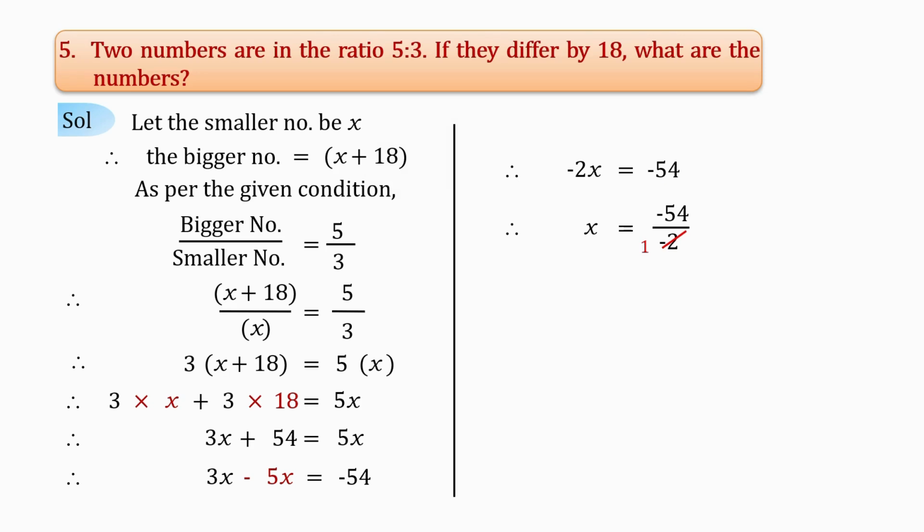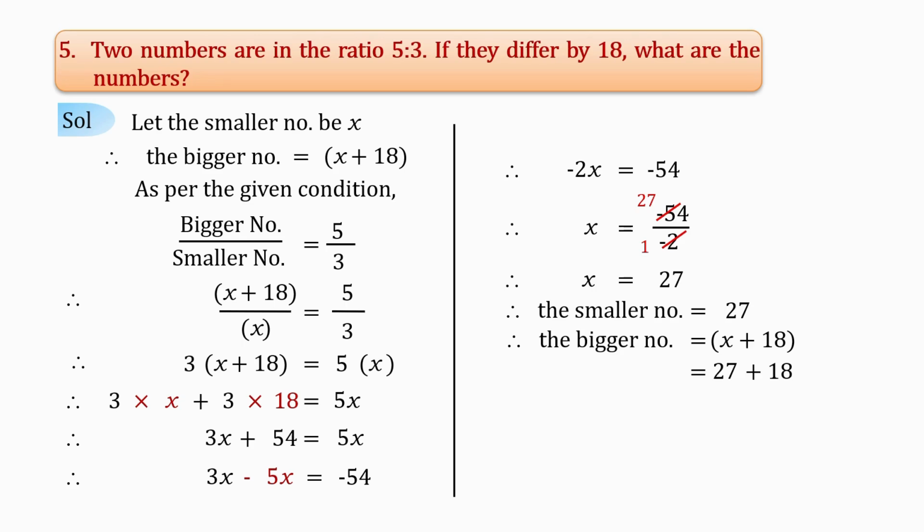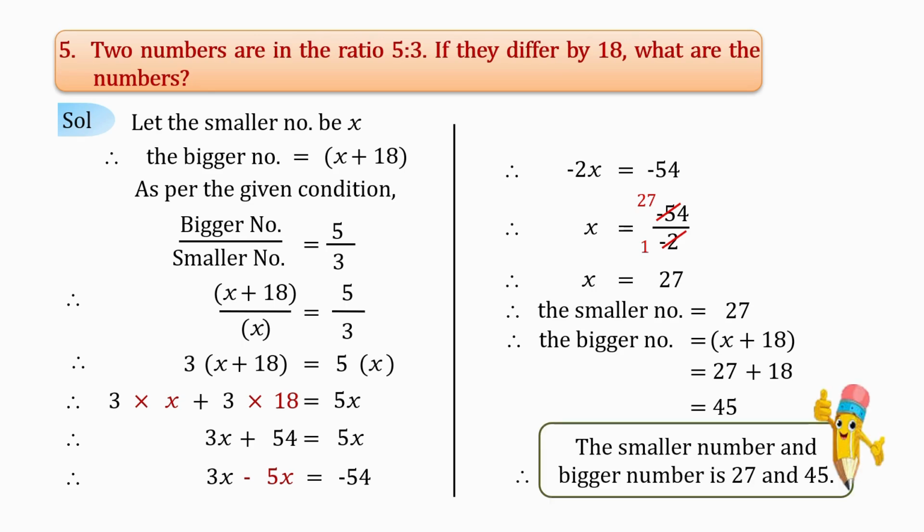So what we got is x equal to 27. This is the smaller number. So the bigger number will be x plus 18, that is 27 plus 18, equal to 45. So the final answer is, the smaller number and bigger number are 27 and 45 respectively.